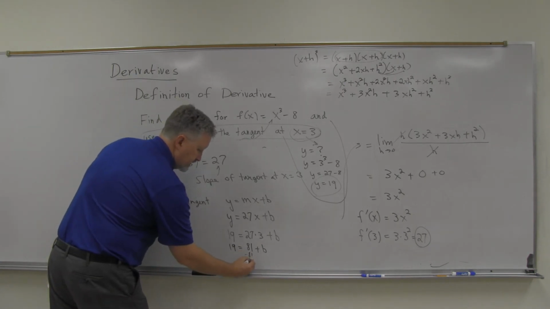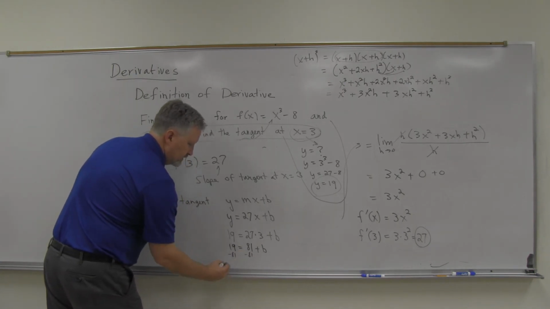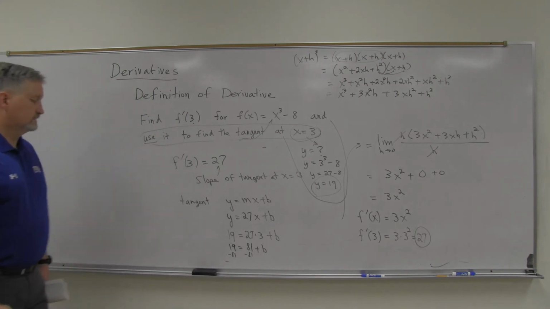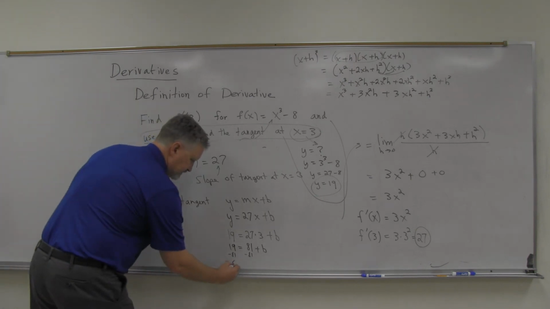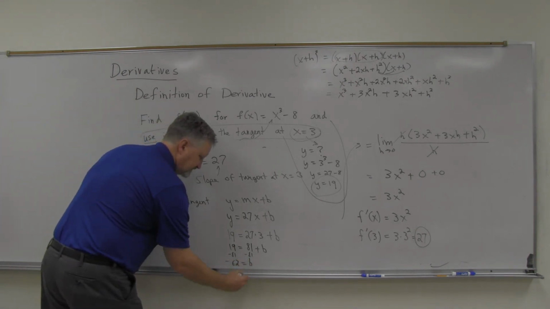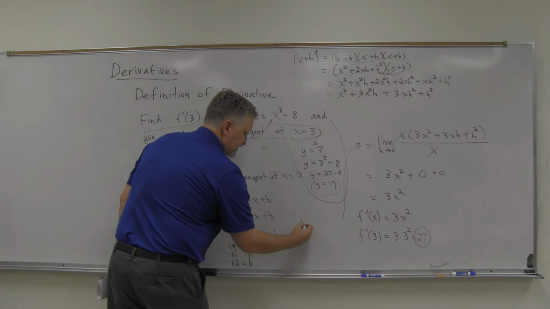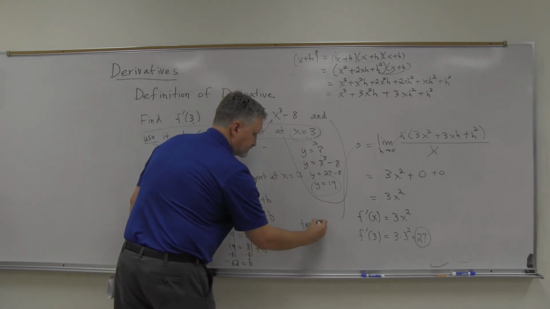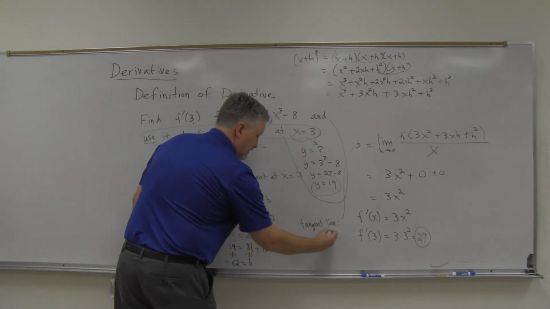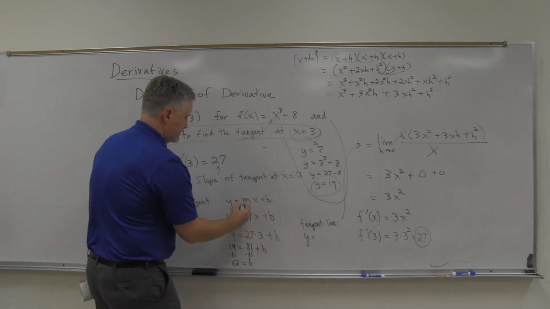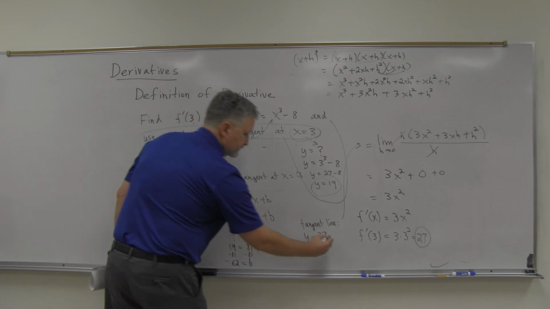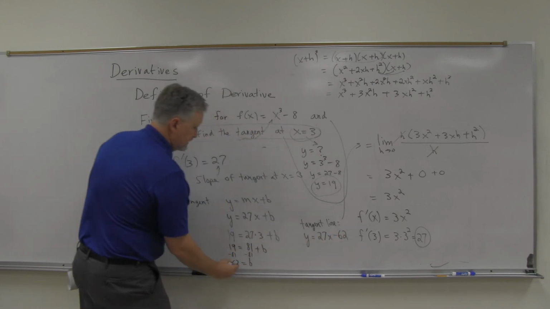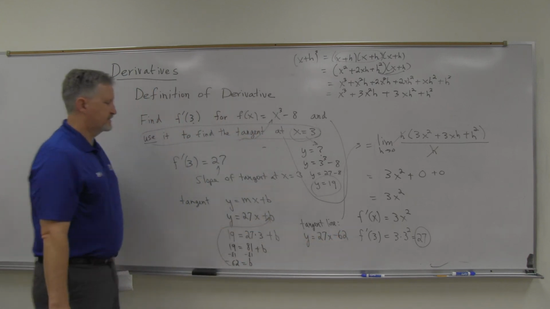So b would be 19 minus 81, which is negative 62. Negative 62 is b. So the tangent line is y equals 27x minus 62. Just plug in the minus 62 for the b.